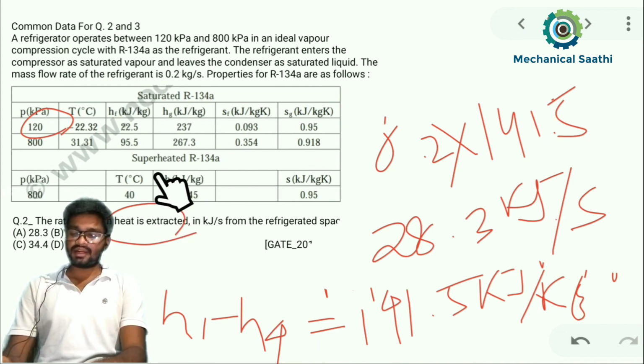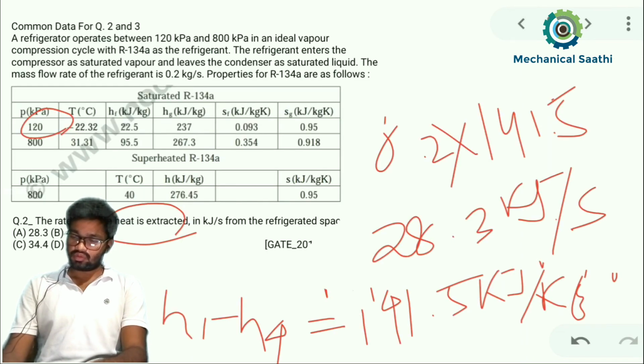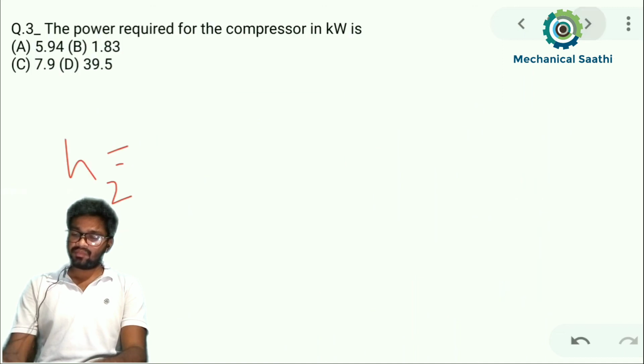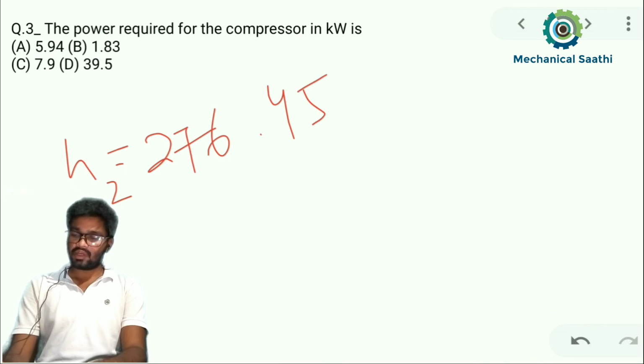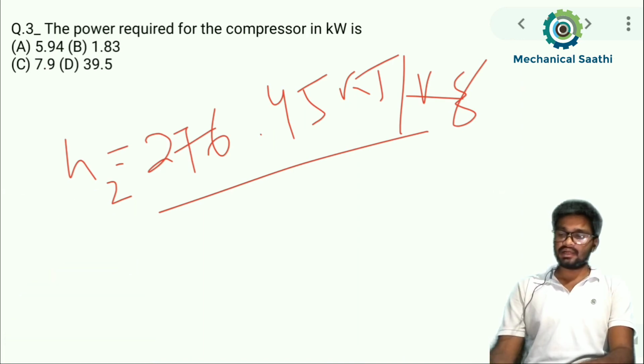So directly from the data given to us, we can find the value of our enthalpy at point 2. From here we can write that H2 will be equal to 276.45 kilojoule per kg.